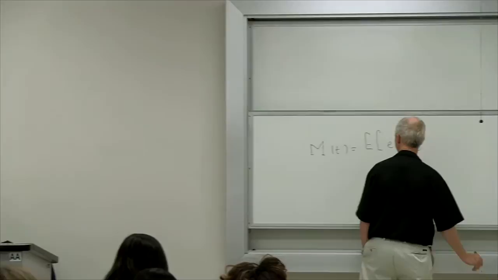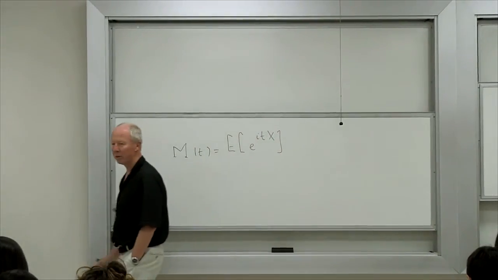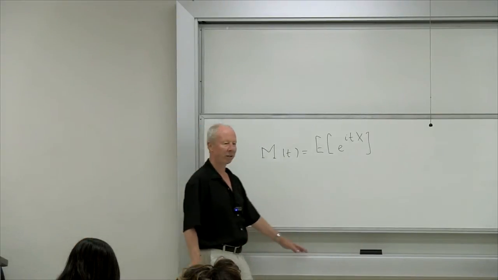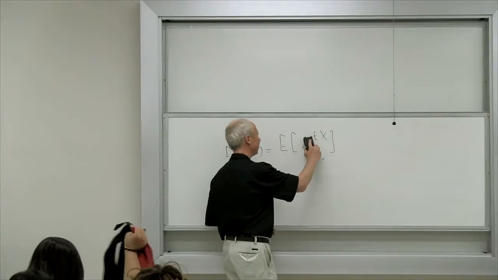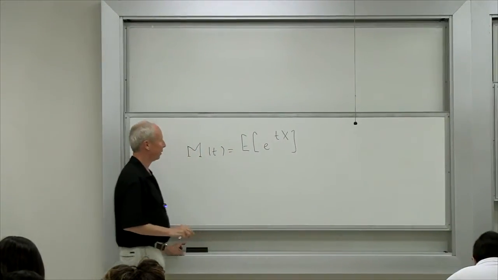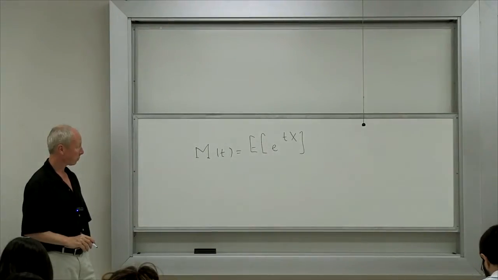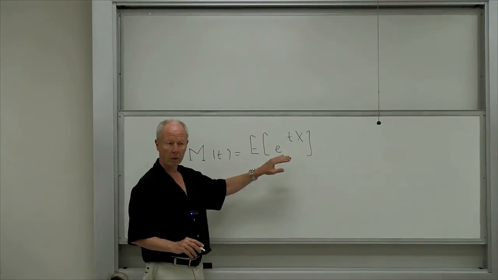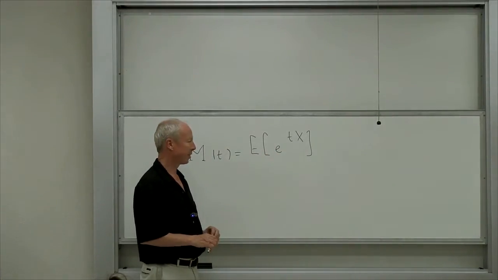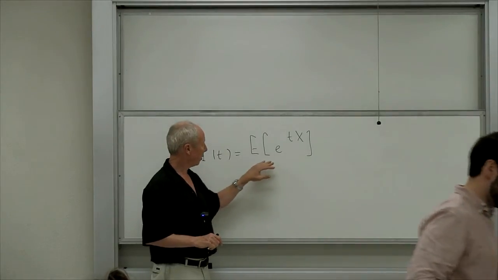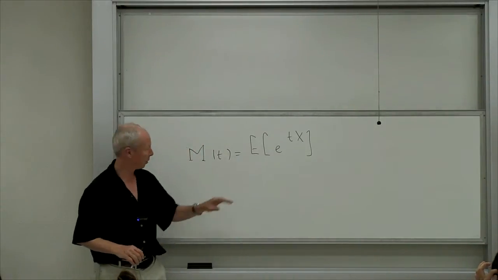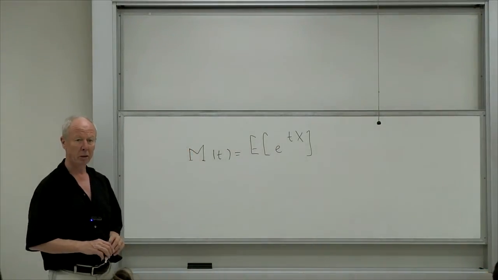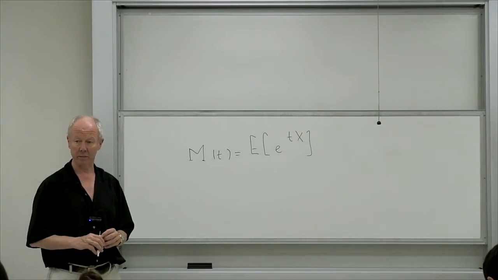Okay. So I want to revisit the moment generating function a little bit. The important thing to remember about moment generating functions is, if this converges for t in an interval about 0, then this completely determines the distribution of x.